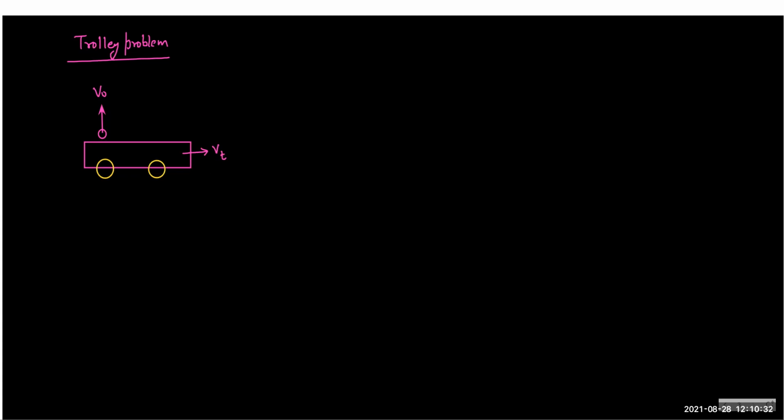Now imagine if the trolley is accelerating with acceleration a. So now what will happen? The moment you throw, the ball will leave the trolley with two velocities, v trolley and v naught, with which you have thrown, and subsequently it will travel like this.